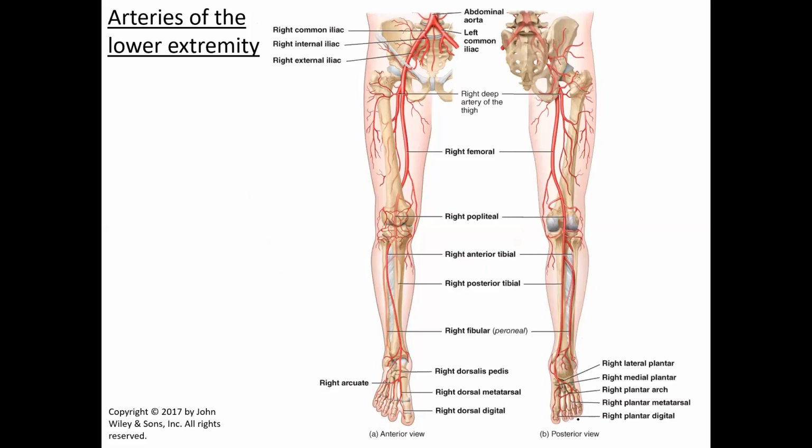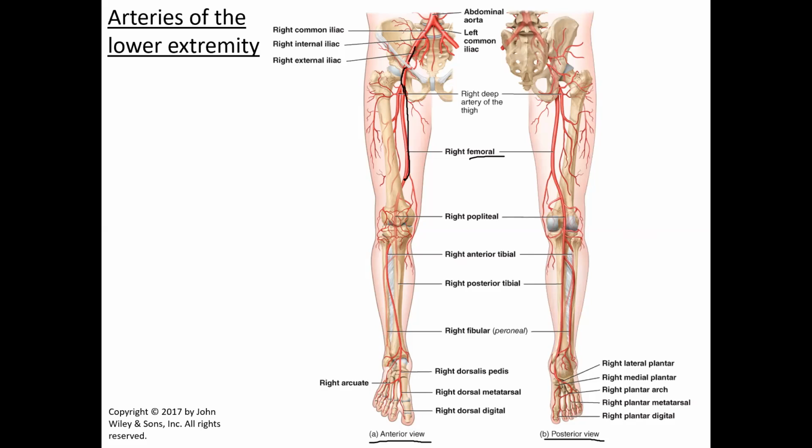All right, so let's have a look up at where we just crossed. We have an anterior image of the lower limb and then a posterior image of the lower limb. So the external iliac artery crosses beneath the inguinal ligament, changes names to the femoral artery, which is running sort of medial through the thigh right here.